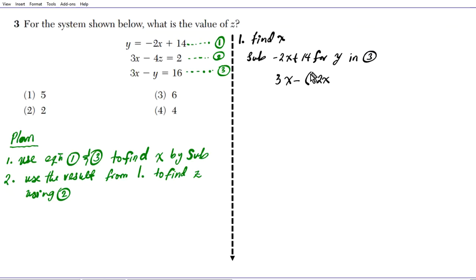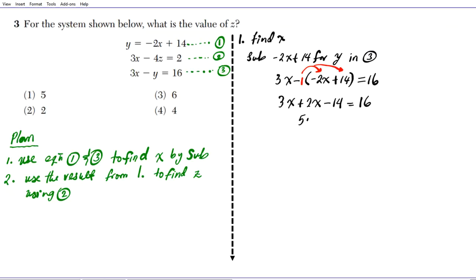So put the minus there and then use the parentheses for safety reasons to avoid making sign distribution errors. Okay, equals 16. Now you distribute this negative, imagine as though there's a negative 1 here, so you just distribute this negative to both terms in the parentheses. So you have 3x plus 2x, minus times minus is a plus, minus 14 equals 16.